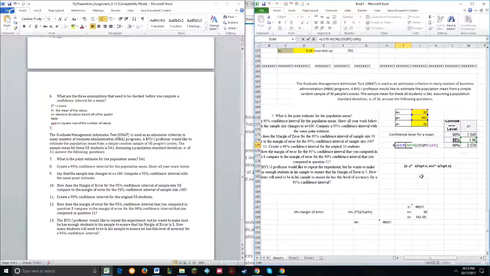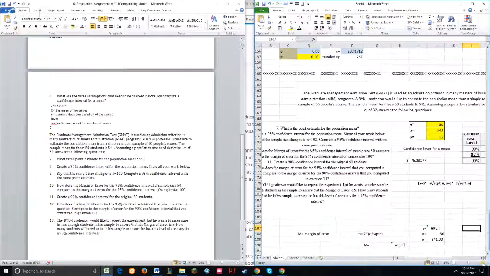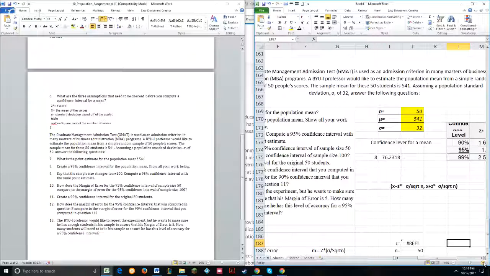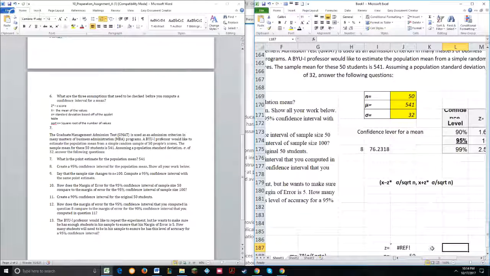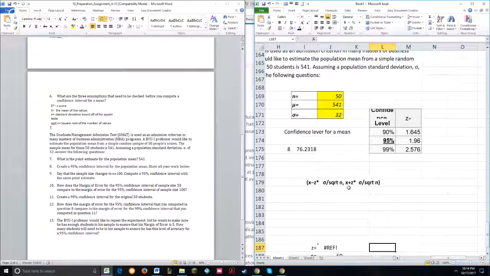I can't see this. It's too small for me to make out what you did there. Oh, really? Hold on. Oh, yeah, there we go. So what I did was I took the mean, 541, minus 1.96 z-score.